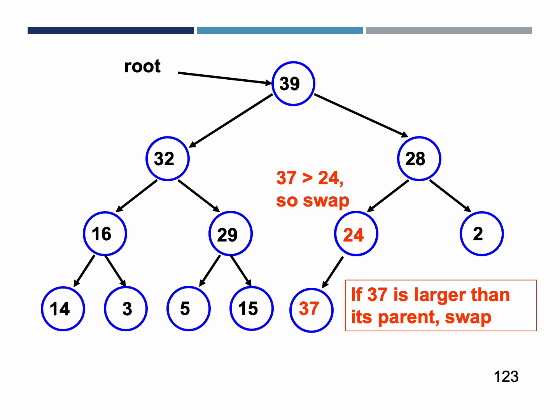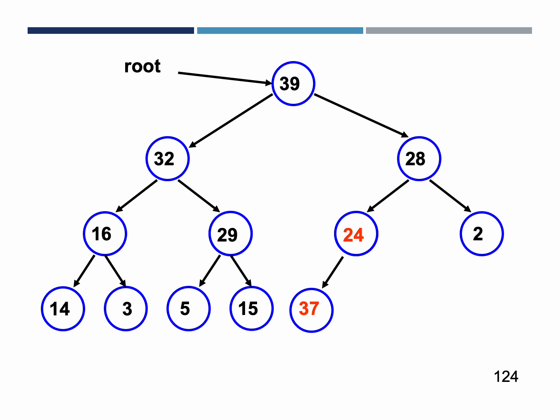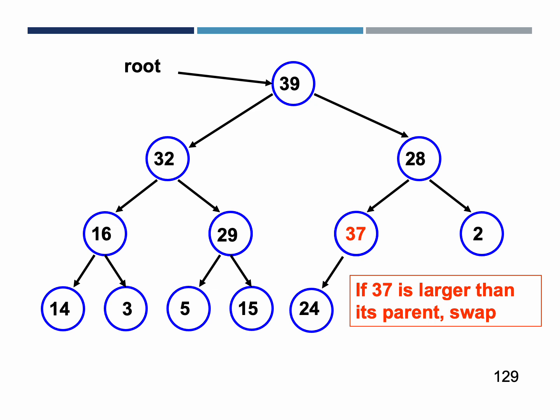Now let's check. 37 is greater than 24, so it will swap. Then we'll again check if 37 is greater than 28. As you can see, 37 is greater than 28, so it will swap.